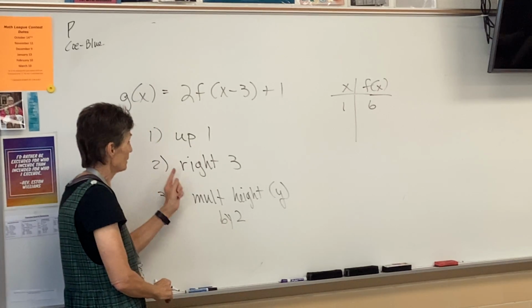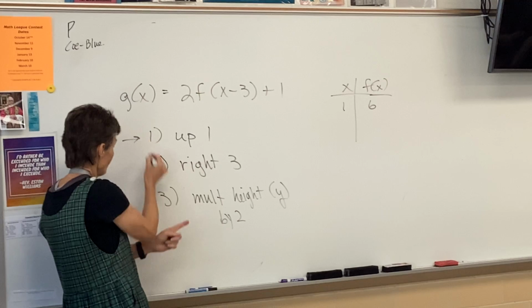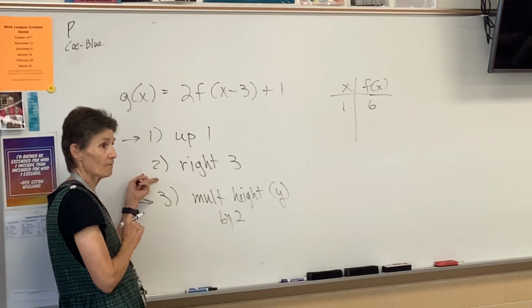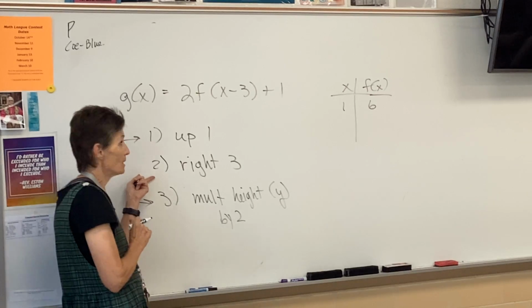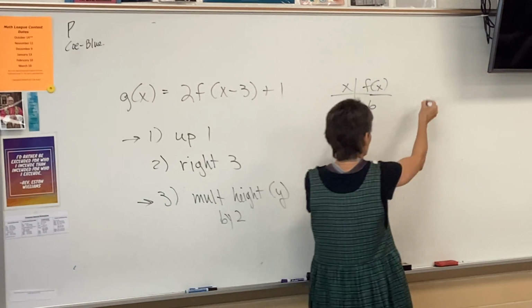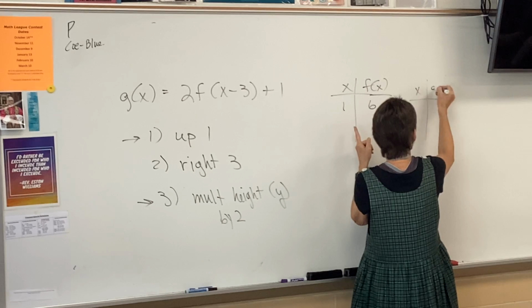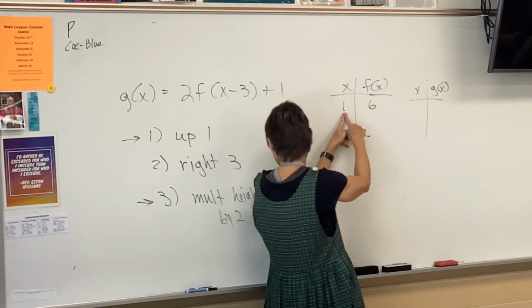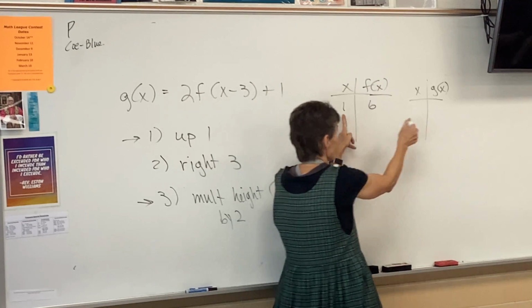Well, these two are going to affect your y coordinate. Would you agree with that? This is going to affect your x. So the corresponding point for g is going to move right 3. So this will be 4.